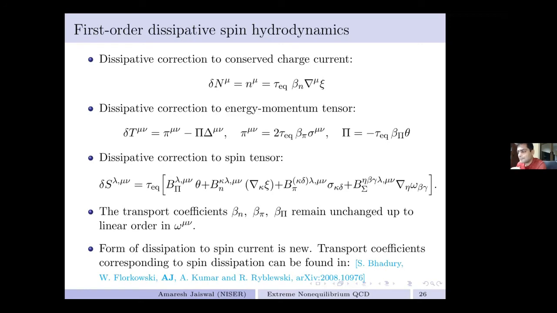Sure. There was a PLB paper where they derived this first order constitutive relation using the entropy current method. In their calculation they have not considered the conservation of angular momentum and spin separately.